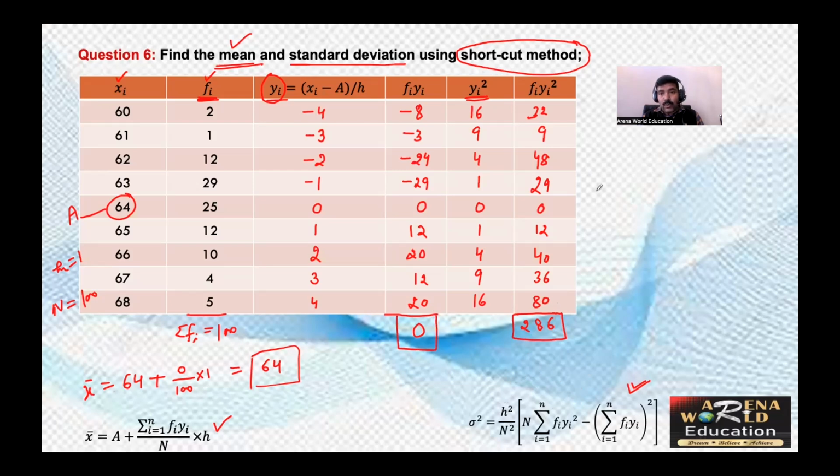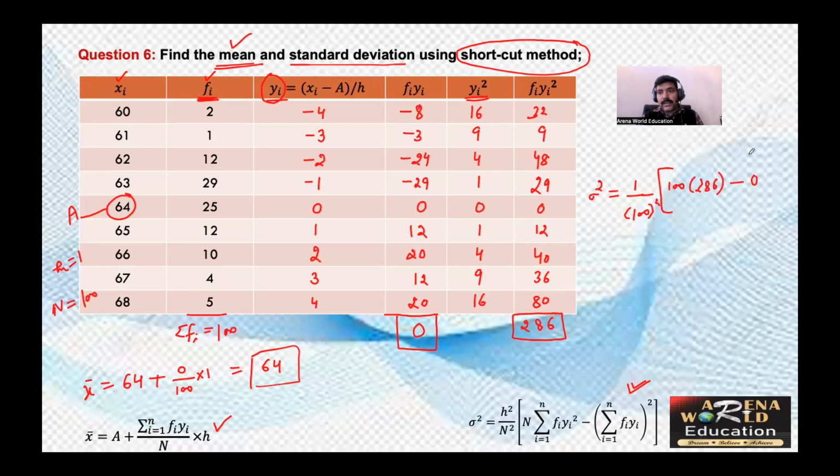So now what is the variance? Variance will be h square. H is 1, so 1 is as it is. And this will be 100 square. Next, n is 100, so 100 into 286, minus this, which we have already calculated, is 0.